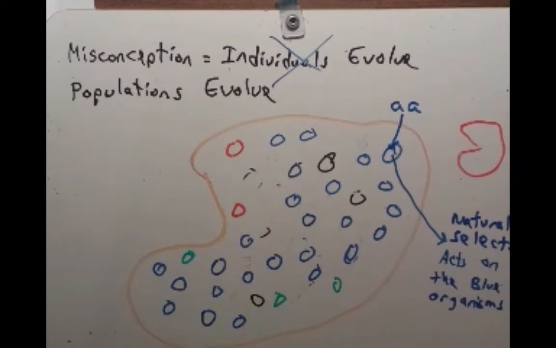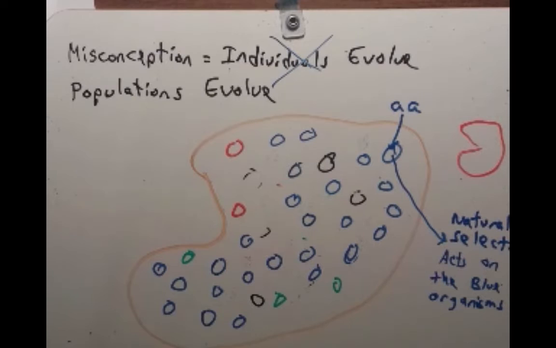Okay, let's say that's its genotype. This blue individual always had those genes. Those genes didn't magically appear in these individuals because this predator arose. And now nature, in the form of this predator, selected for it because this predator ate everything else that had a different set of genes.